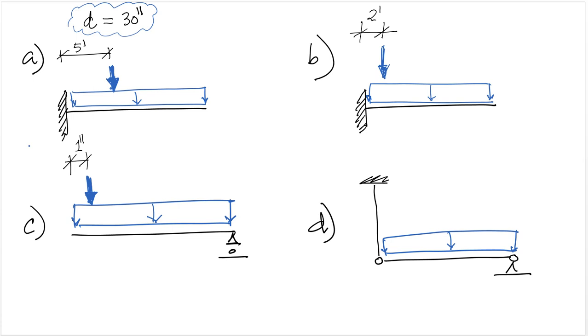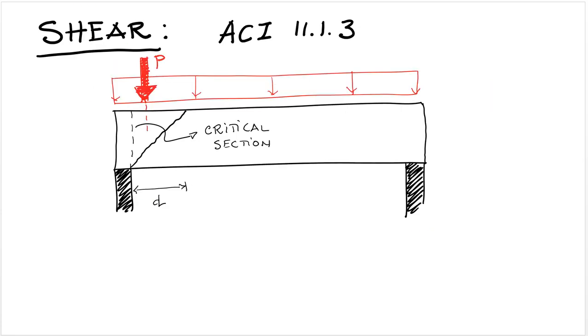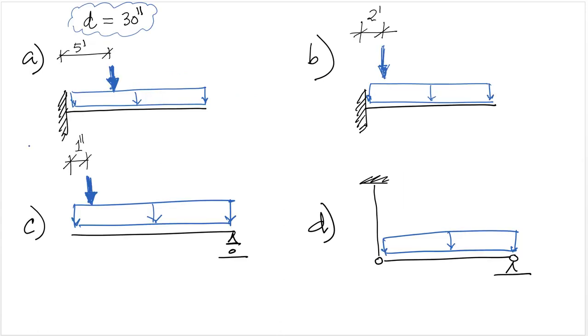I'll let you think about it for a little bit, but remember that the exception is when the load P is inside the distance d. And in this case, the load is outside of the distance d because it's 5 feet, which is greater than 30 inches. So in that case, the critical section is going to be at a distance d away from the support.